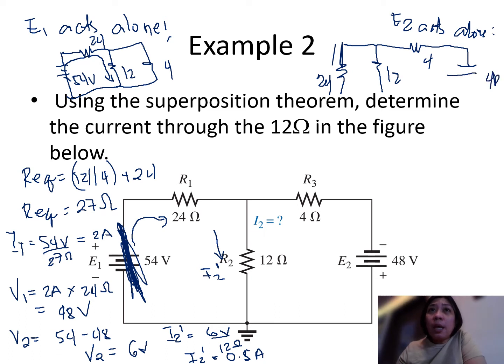Look at the polarity. Examine the polarity. The current will flow from negative to the positive, so it will flow in this direction. Therefore, your I2 double prime is flowing in the opposite direction.